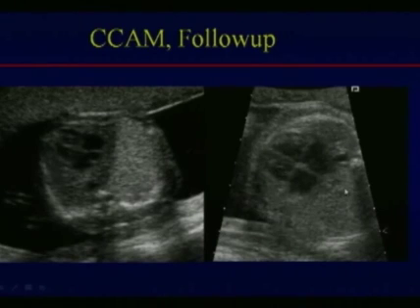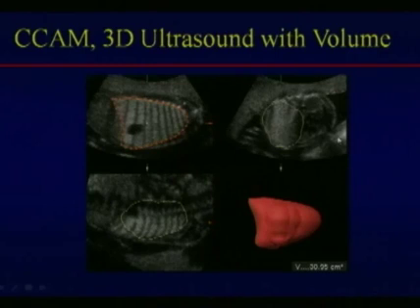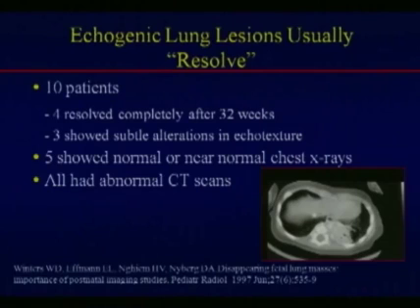So if we had seen this patient only in the third trimester, we would not have known that there was a lung lesion present. Once again, you can characterize these by measurements and lung volumes, but that's not as important here because regardless of their size, they're associated with a good prognosis, at least if they don't have hydrops.